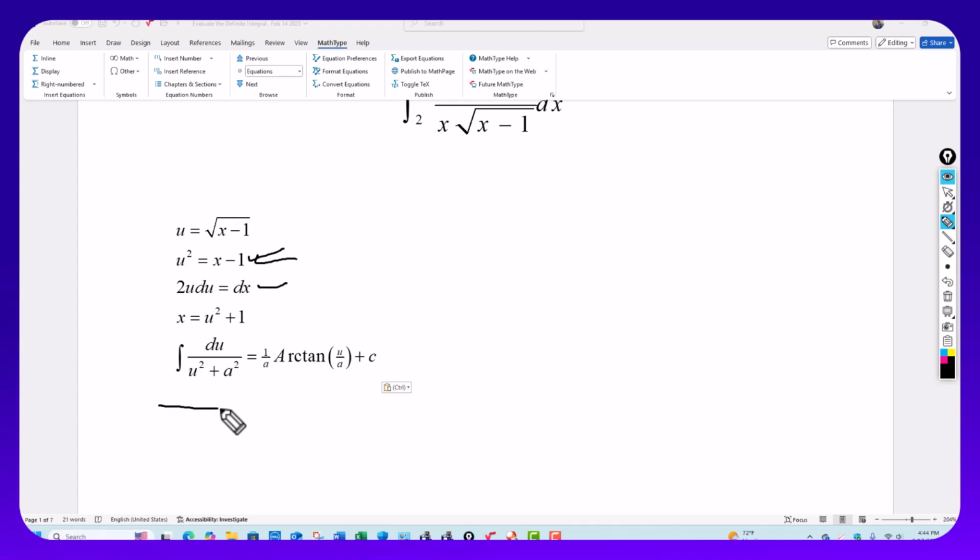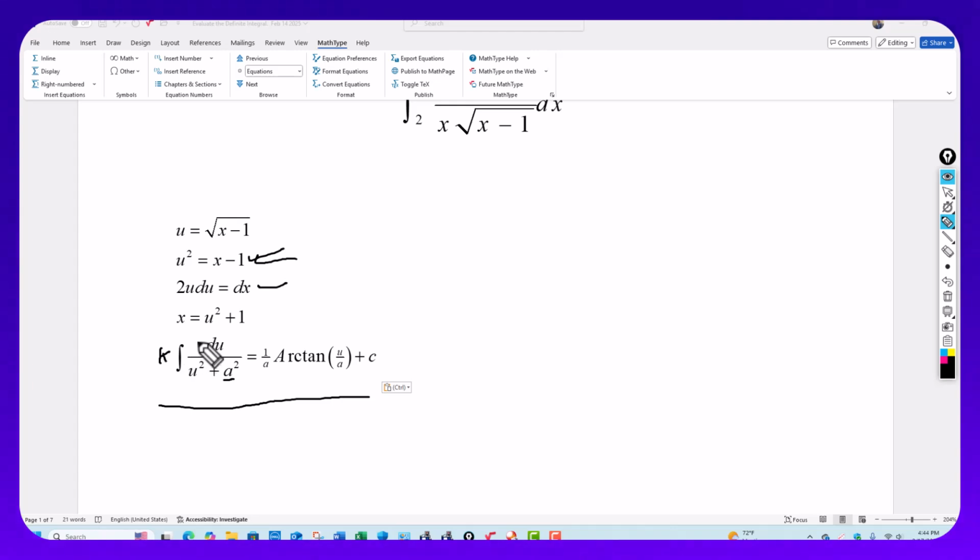And then I'm going to use it in this formula. It tells me that any time you have an integral written in this format, du over u squared plus a squared, the u is usually going to be a function of x, and this a here will be a constant. Now, if you have a constant multiplying here, that's fine, because you can always bring out a constant.